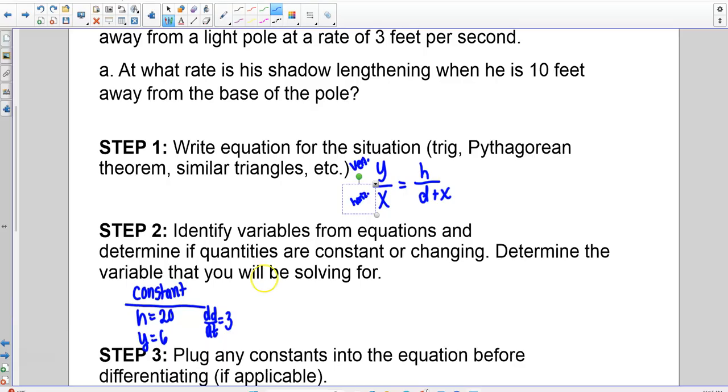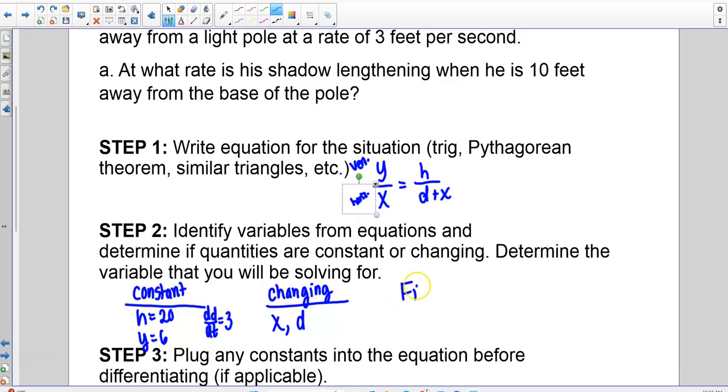Now, changing, we got to think of all of our variables. h and y are both constant. x is the length of the shadow. That is changing because as Jeff walks away, his shadow gets longer. And d is also changing because he is walking away, the distance from the pole gets longer.